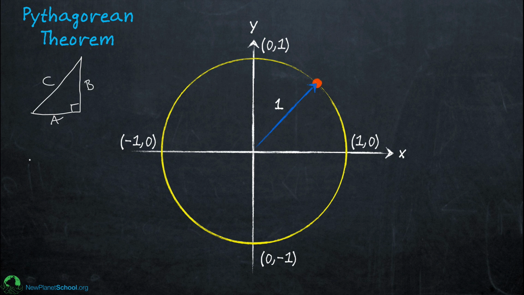What Pythagoras showed is that the sum of the squares of the lengths of the sides equals the length of the hypotenuse squared. Therefore, a squared plus b squared equals c squared. That's the Pythagorean theorem for a right triangle. Similarly, if you have a triangle that satisfies this, you have a right triangle. So that's what Pythagoras told us.